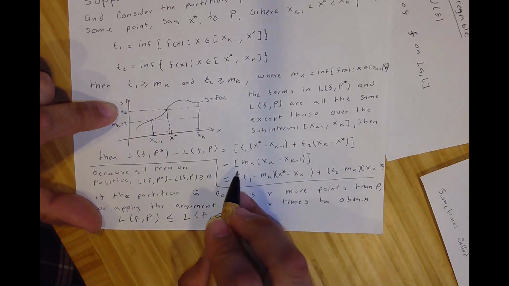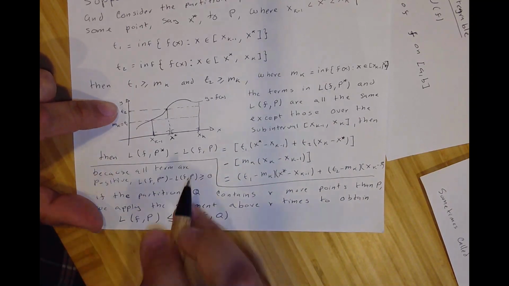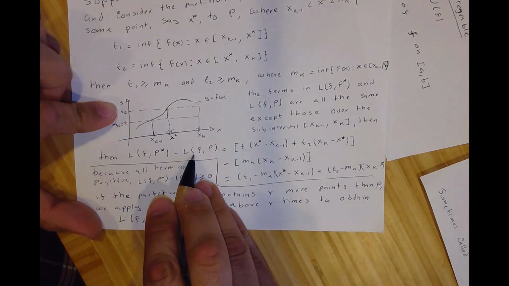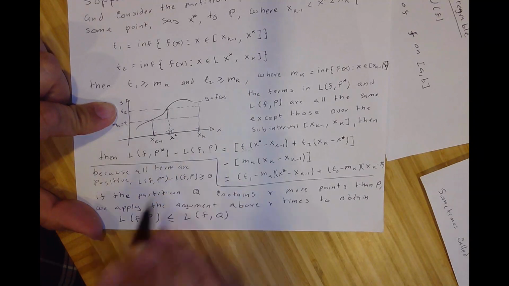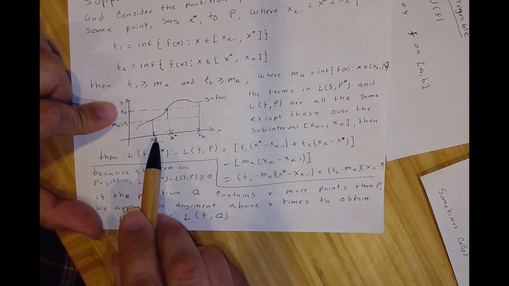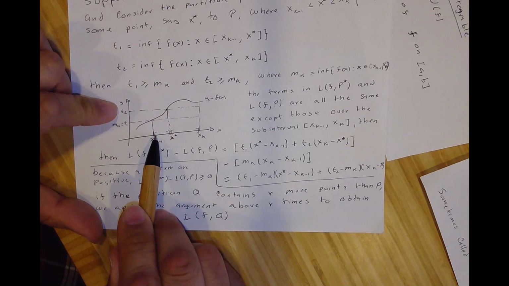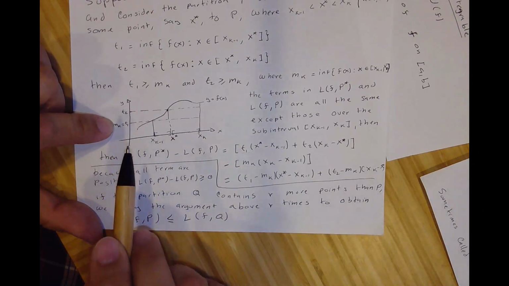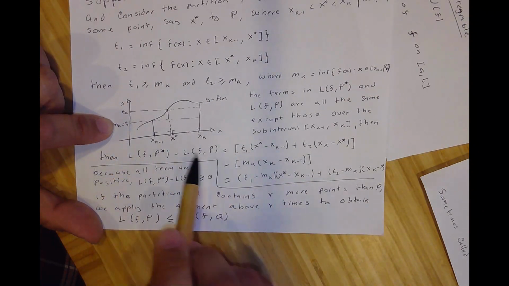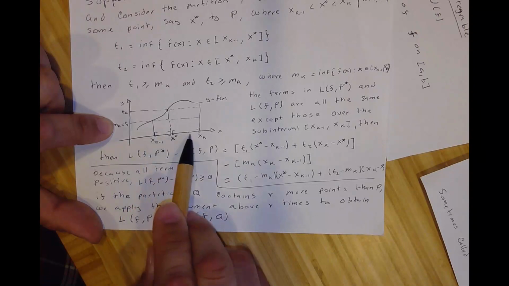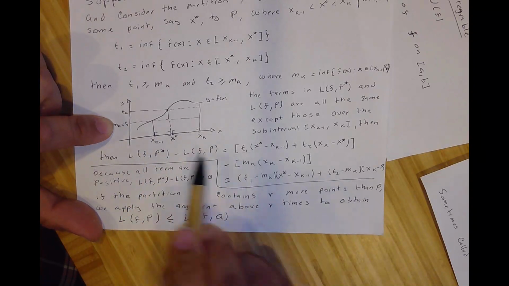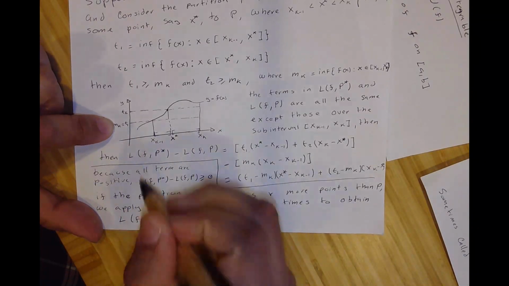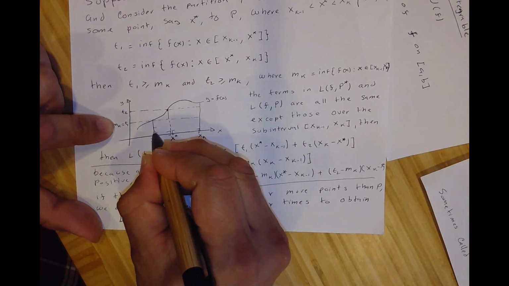Minus the lower sum of the partition P, which is m, the infimum, times the distance of the whole interval from here to here.